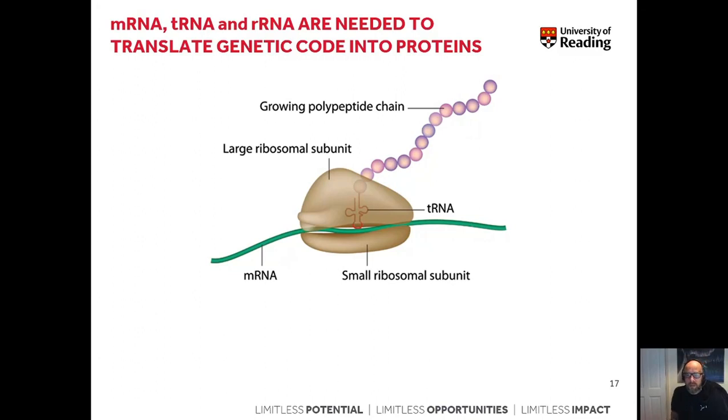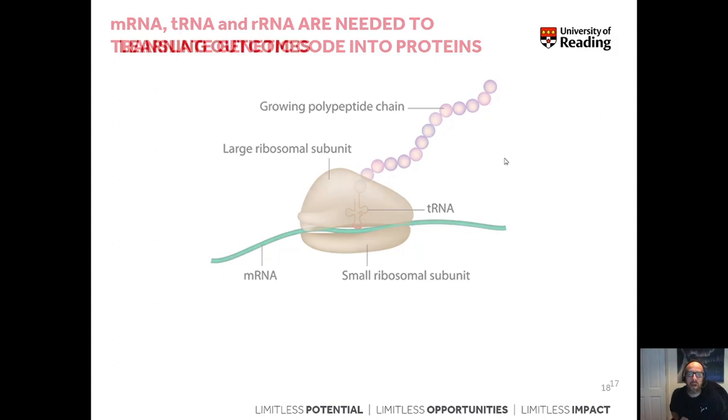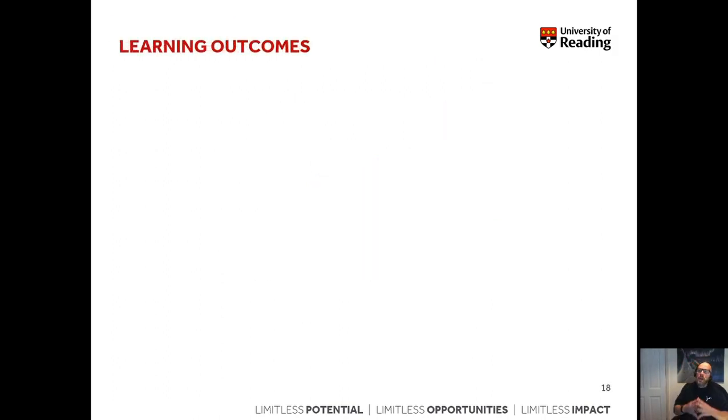Within the cytoplasm, mRNA binds to ribosomes containing rRNA, and with the help of tRNA, this leads to the production of proteins, starting with a short polypeptide chain that becomes longer and longer until fully mature proteins are generated. Good, this is basically what you need to keep in mind from the lectures last week.